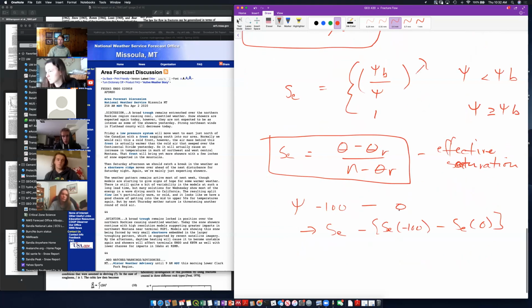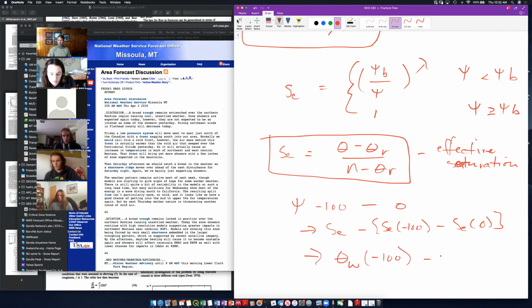So then from this equation, I would get theta sub w for psi equals negative 100 up to psi equals 0, this range of values. And then I would plot psi versus theta sub w.